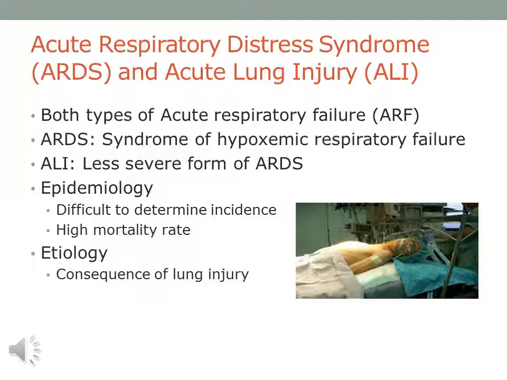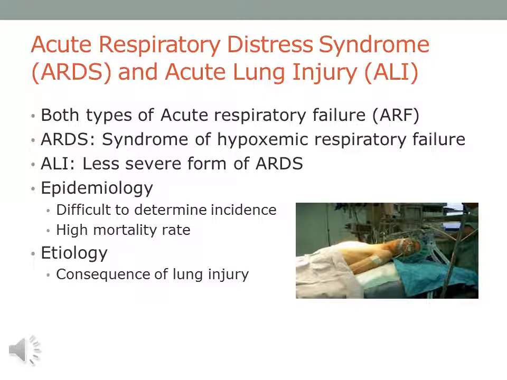But again, that's hard to determine because a lot of times they're categorized together. We do know that people over 75 years old have a higher incidence, and that when we're talking about full-blown ARDS, we have a mortality rate of 30 to 50%. But of course, that rate's going to vary depending on the severity of the disease.